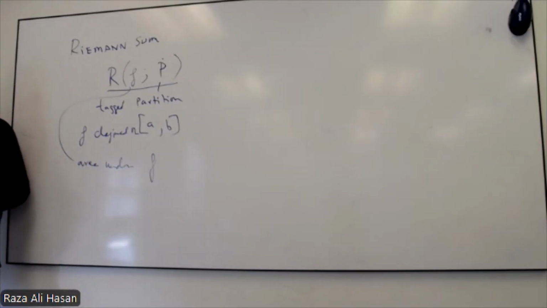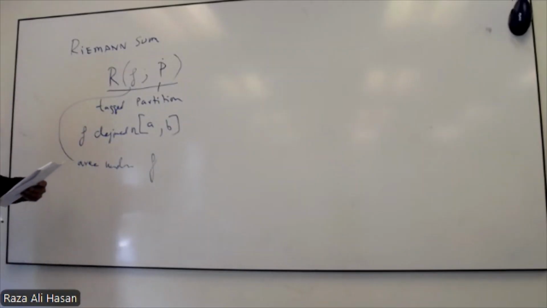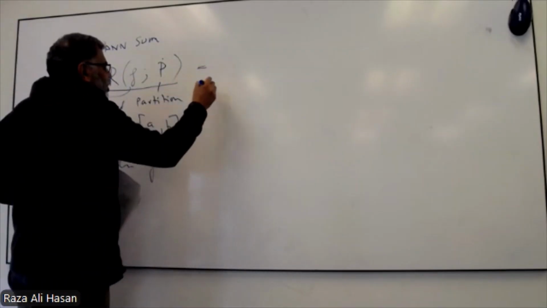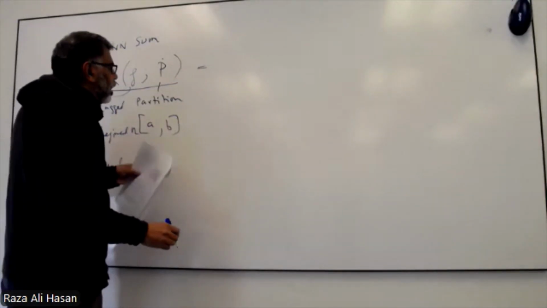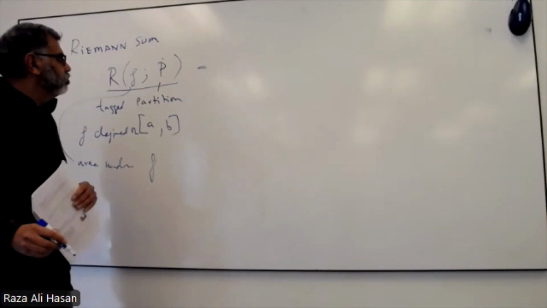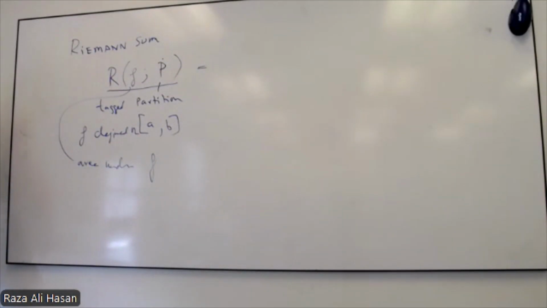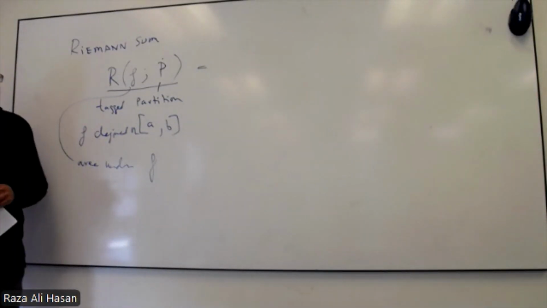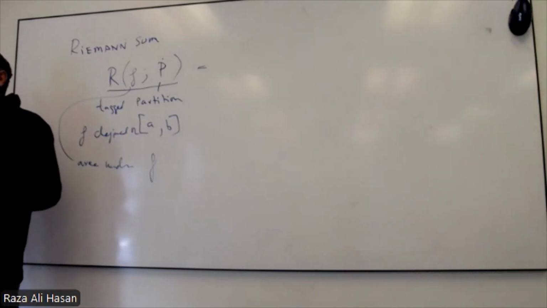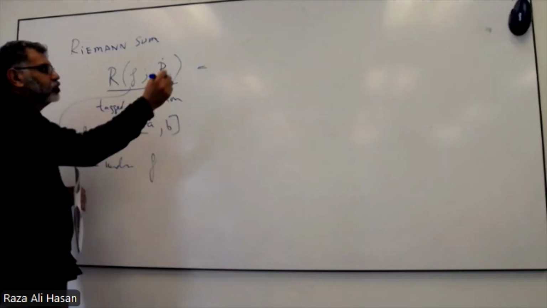Those rectangles that I was calling triangles last time. Okay, how many rectangles would a Riemann sum have? A finite number. Let's call it n.